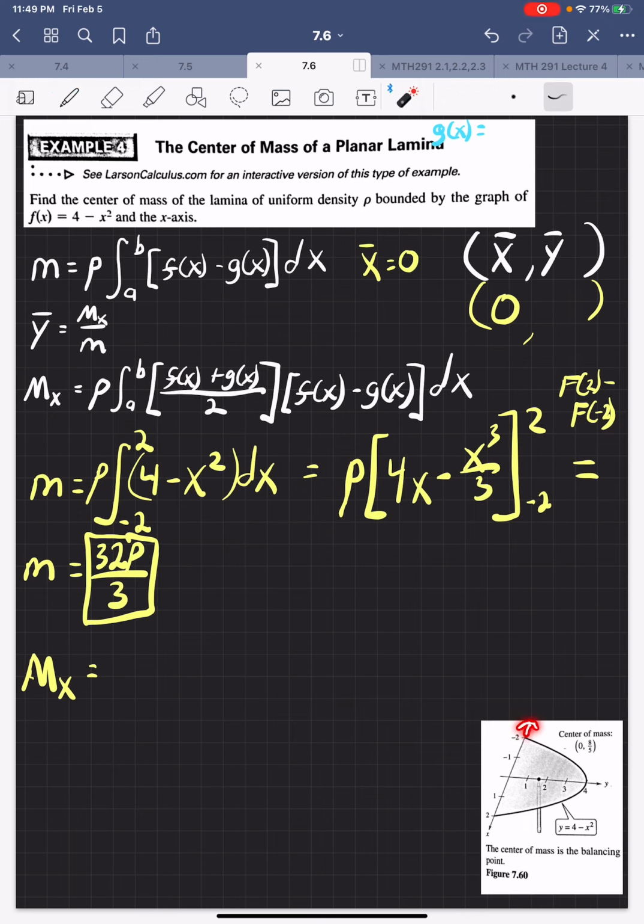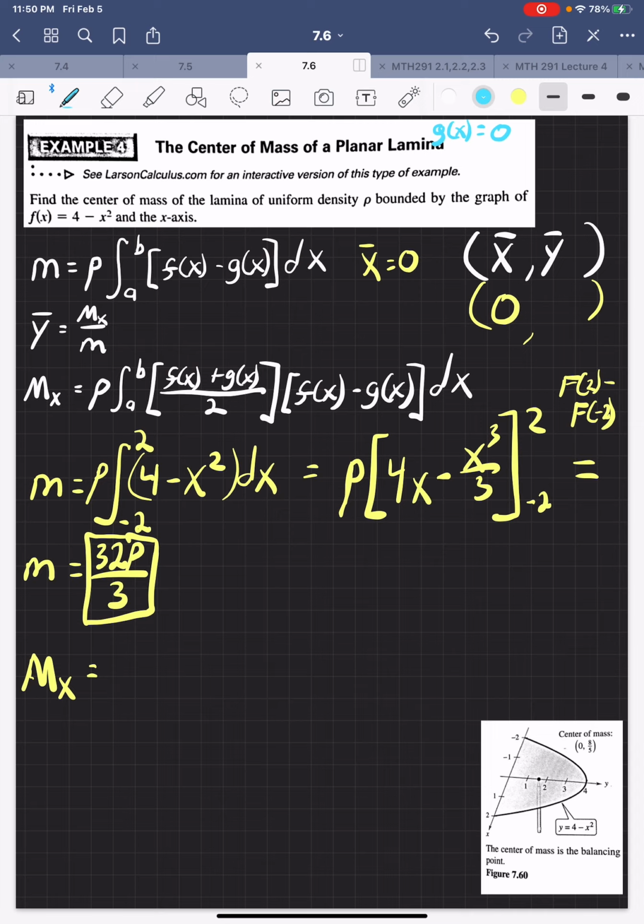So the other function is the x-axis. So g of x just equals 0. Y equals 0, you can think of it. Okay, so that's good. So we plug in a 0 here for g of x, plug in a 0 here for g of x, and we're going to be subbing in 4 minus x squared here and here.